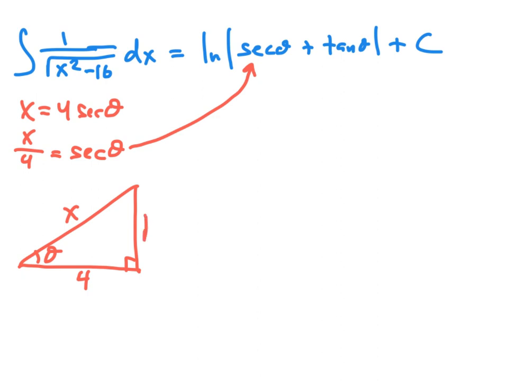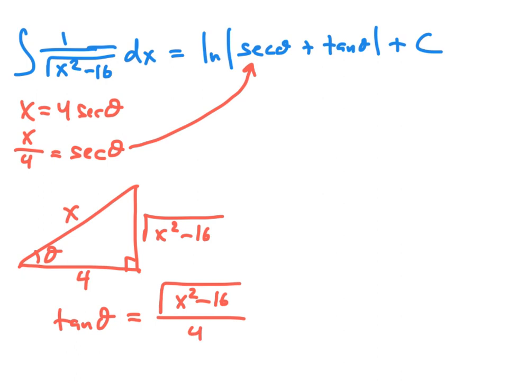The Pythagorean theorem will tell us that our third side, the opposite side of theta, will be the square root of x squared minus 16. And from this triangle, we see that tangent of theta will be the opposite side, the square root of x squared minus 16, over the adjacent side of 4.